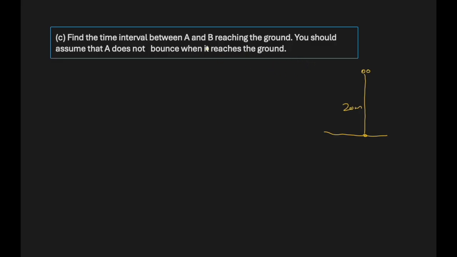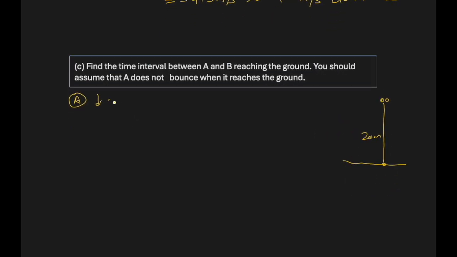So we have to find how much time is the difference between them. Let's find for A first, while B is at rest. A is coming down with what speed? We just found out, 4.5 meters per second.